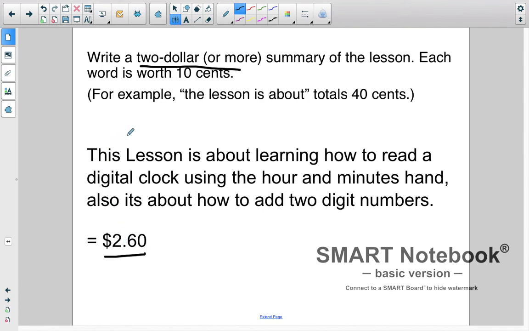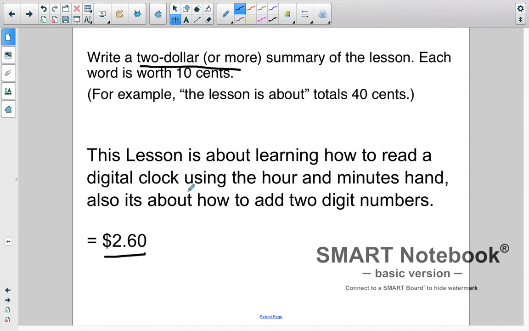So 10, 20, 30, 40, 50, 60, 70, 80, 90, $1. $1.10, $1.20, $1.30, $1.40, $1.50, $1.60, $1.70, $1.80, $1.90, $2, $2.10, $2.20, $2.30, $2.40, $2.50, $2.60.